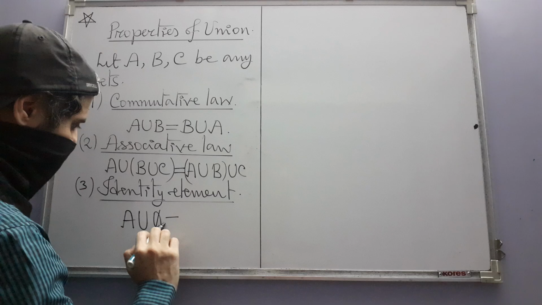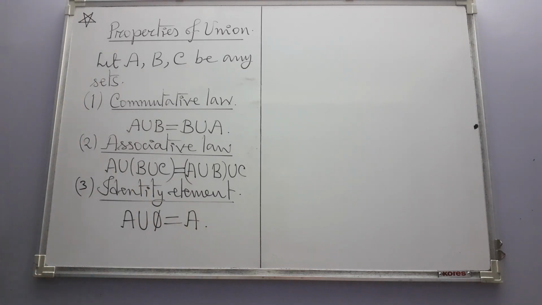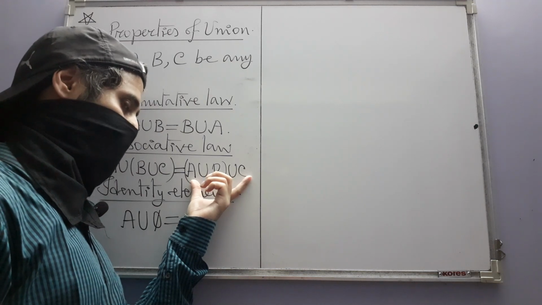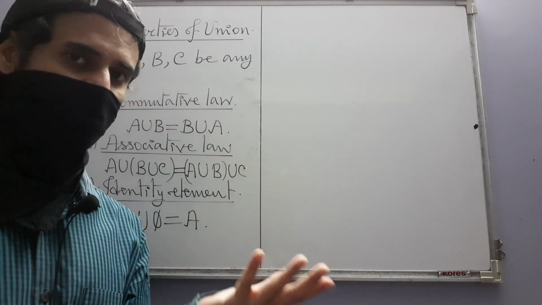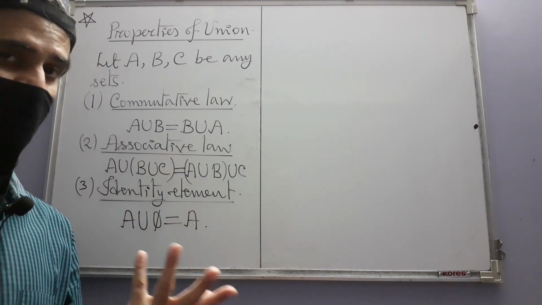A union the empty set is equal to A. If you think about these laws and go back to the definition of union, you will pretty quickly understand why they are true.